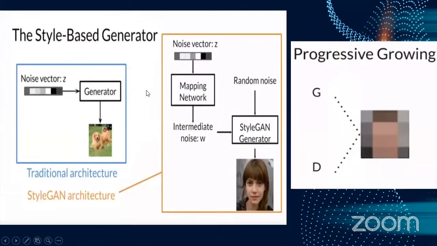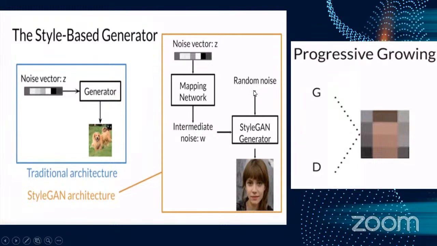Moving to the next slide, how the StyleGAN generator works. In the traditional architecture, it takes the noise vector and passes it to the generator to give the output. But in StyleGAN, it takes the noise vector and uses a mapping network. Then it also uses an intermediate noise, which is passed to the StyleGAN generator.